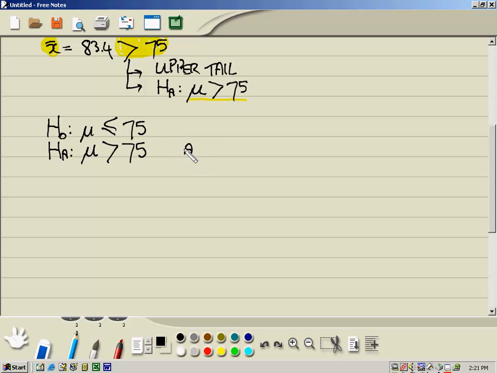For the alternate, the interpretation we can put down is that the average balance is greater than 75.